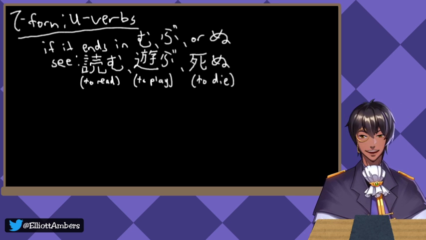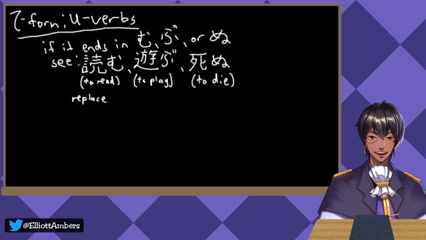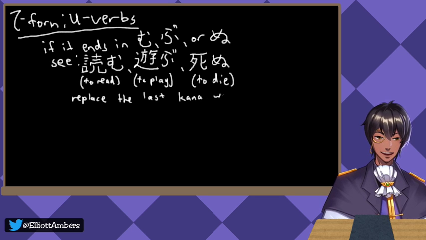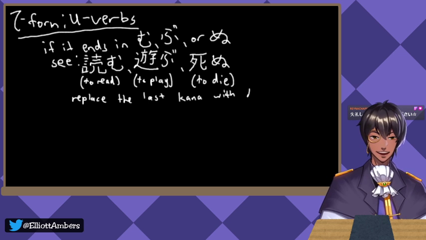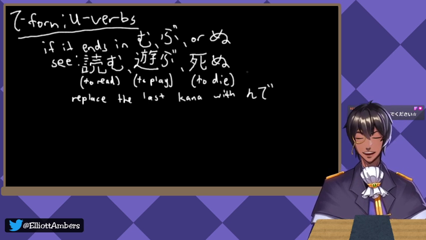So let's talk about the conjugation here. The rule is to replace the last kana with nde. Like Kenji said earlier, asobu would turn into asonde.